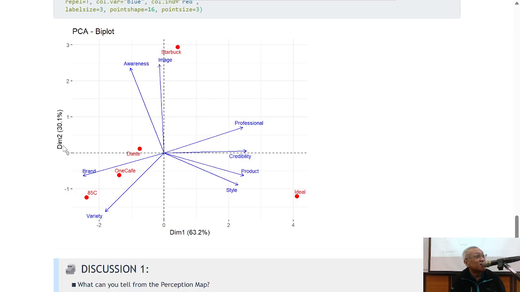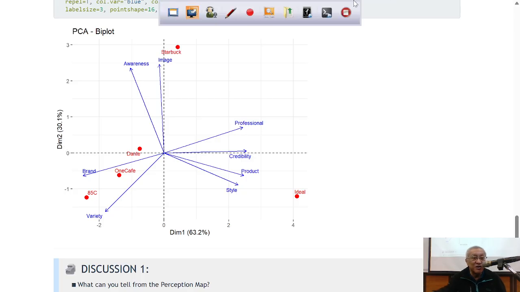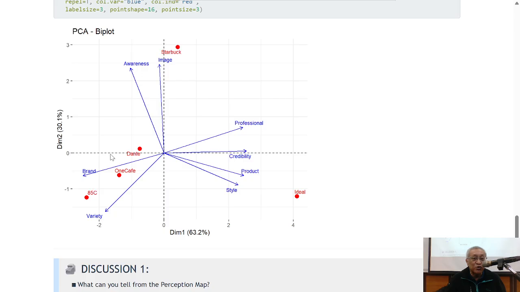In this chart, you can see these 3 brands are similar from the customers' perspective, and these 2 brands are quite different.